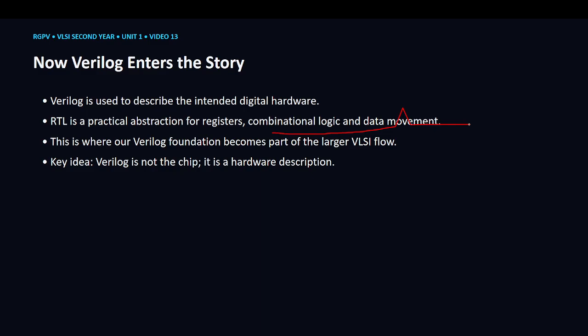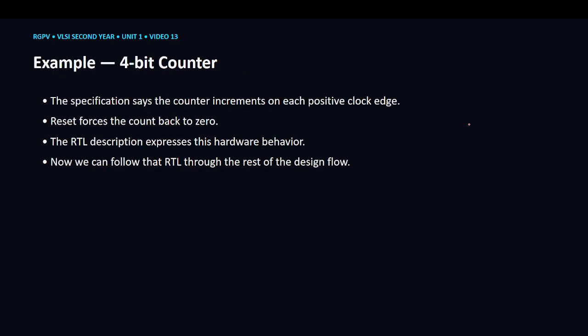Verilog is not the chip. Verilog is the language we use to describe the hardware that tools will later process. So, when you write Verilog, you are not writing a normal software program that simply runs line by line. You are describing a hardware system.